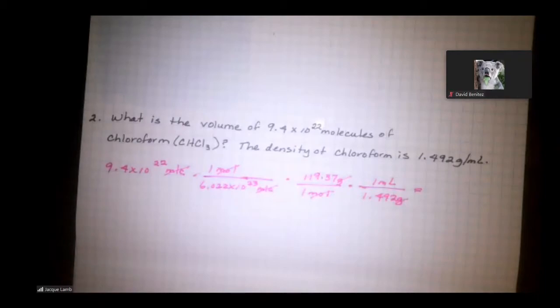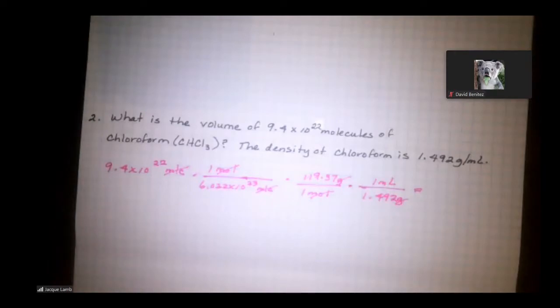So 9.4 times 10 to the 22nd divided by 6.022 times 10 to the 23rd times 119.37, which is our molar mass, divided by 1.492.